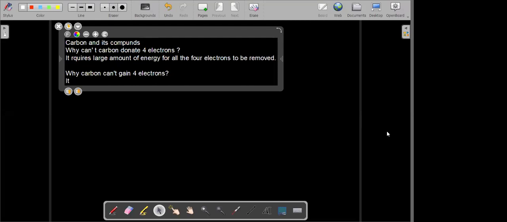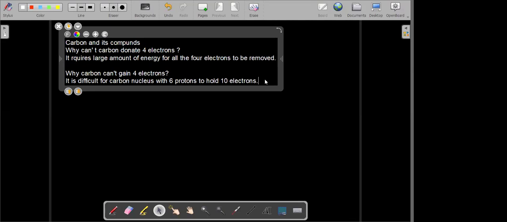So it is difficult for a carbon nucleus with 6 protons to hold 10 electrons, because the interelectronic repulsions will be greater. So that's why it's difficult.